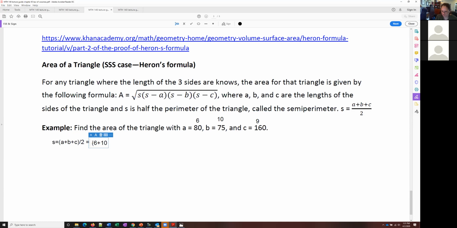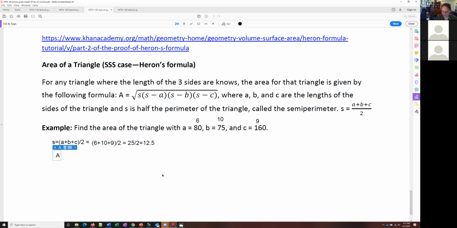So S is 6 plus 10 plus 9 divided by 2. 6 plus 10 plus 9 is 25. So we have 25 divided by 2, and that makes 12.5.